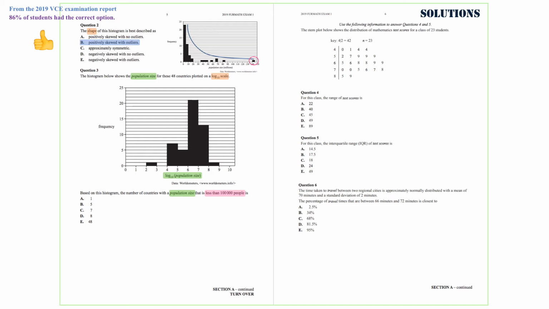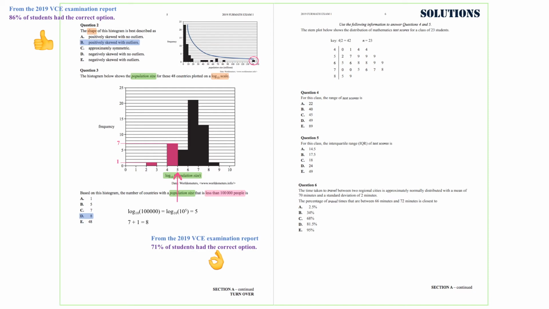So log base 10 of 100,000 equals log base 10 of 10 to the power of 5, which is 5. There are 2 columns with less than 5, so the first one has 7 countries and the second one has 1 country. So 7 plus 1 equals 8. The answer we are after is option D. From the 2019 VCE examination report, 71% of students had the correct option.